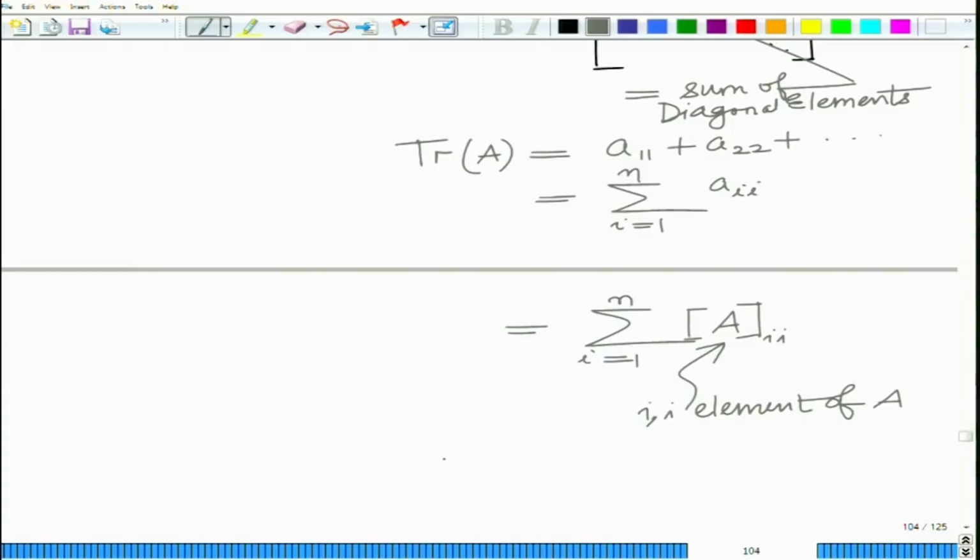So, the trace of a square matrix A is the sum of the diagonal elements A11 plus A22 plus A33 and so on.